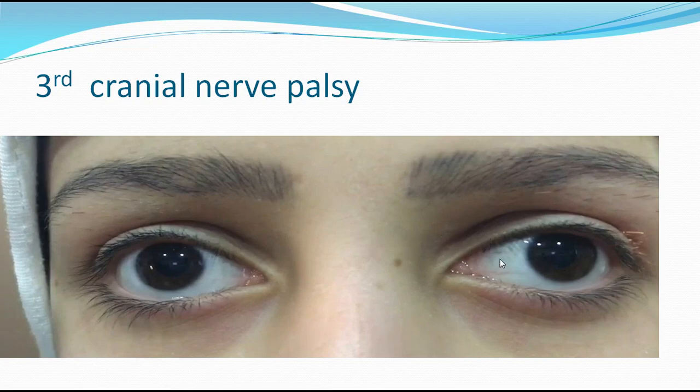So when the medial rectus is paralyzed, the unopposed action of the other muscle, the lateral rectus muscle, which is supplied by the abducent nerve, will pull that eye towards the outward direction. That is called divergent squint or lateral squint.